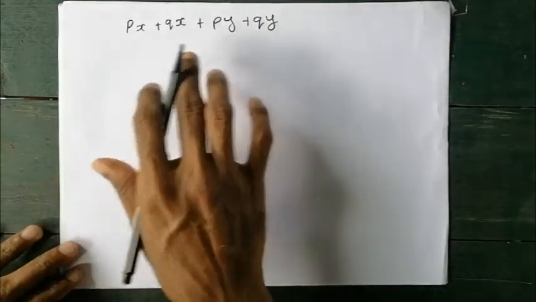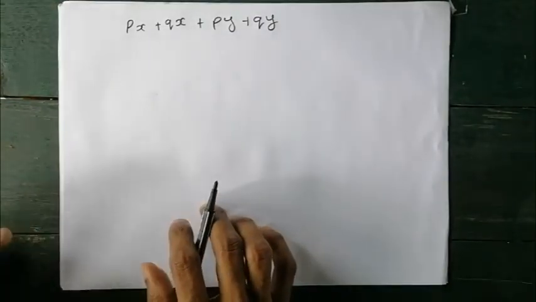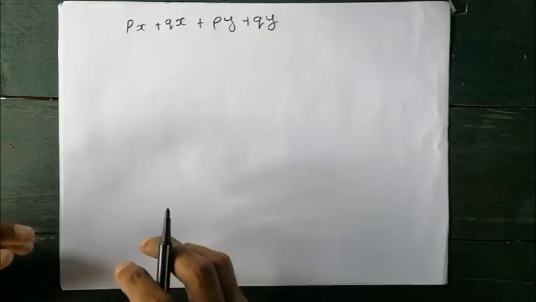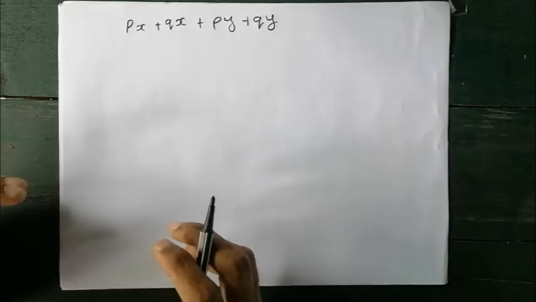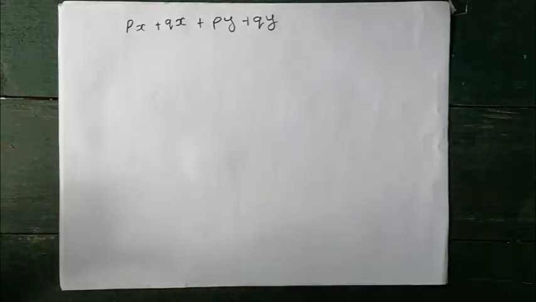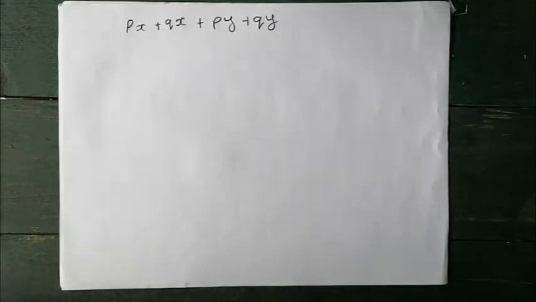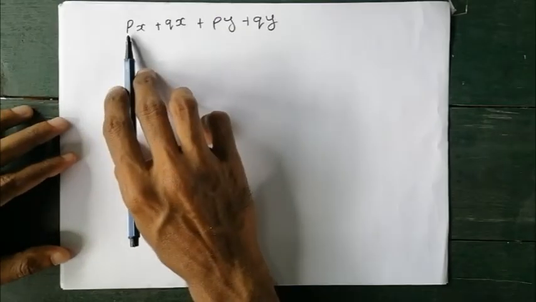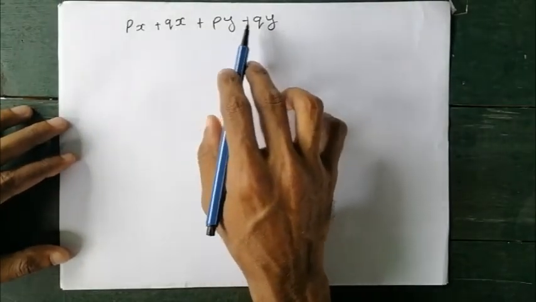So this is your question. You can change the elements to make it easier to find the factors. I am going to change the position of 2 terms. So we have px, qx, another py, qy.